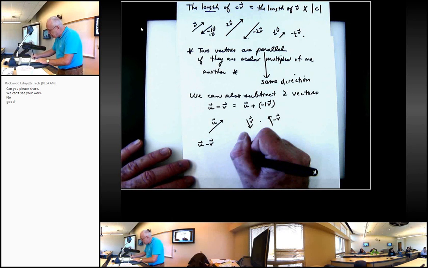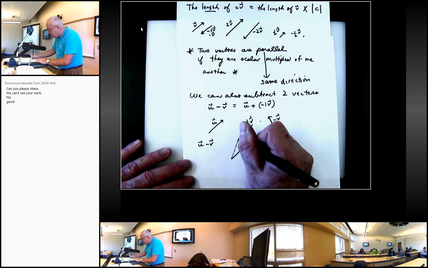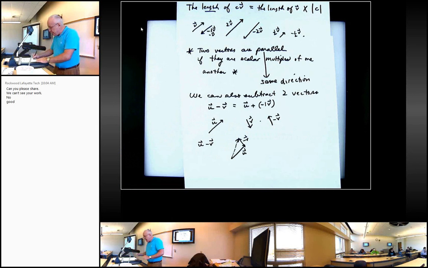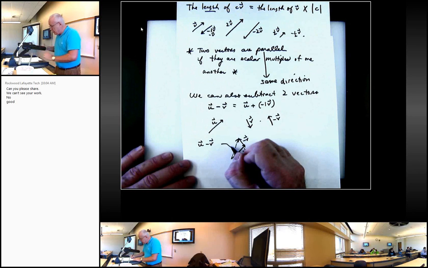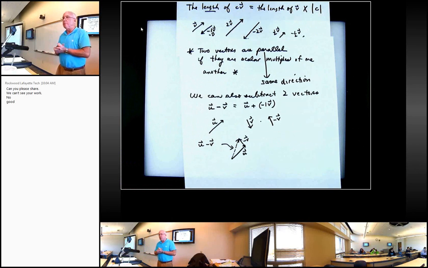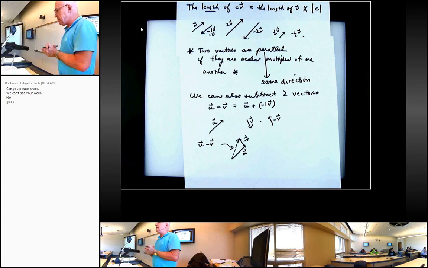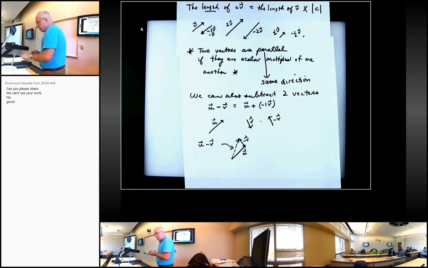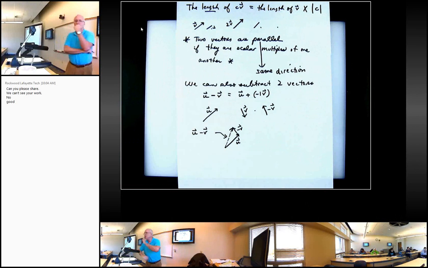Then we look at the vector we get from the tail of the first one to the head of the second one, and this is my u minus v right there. u plus minus v. Any question on that?